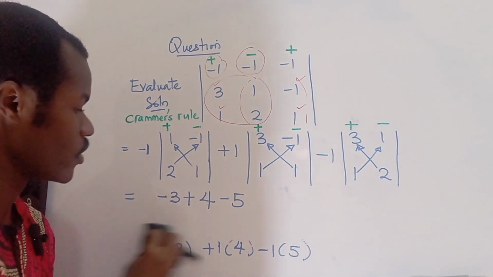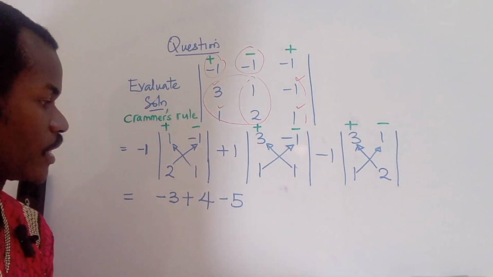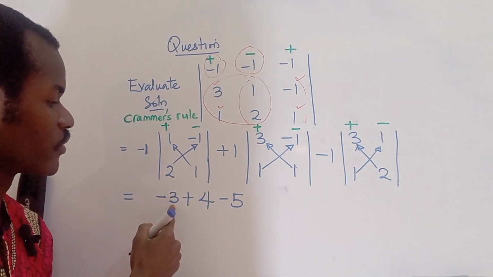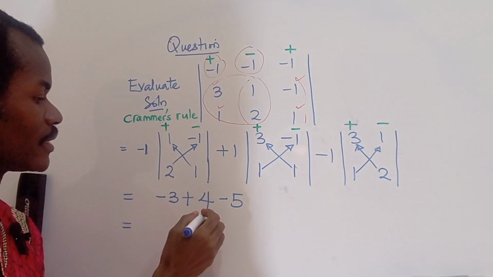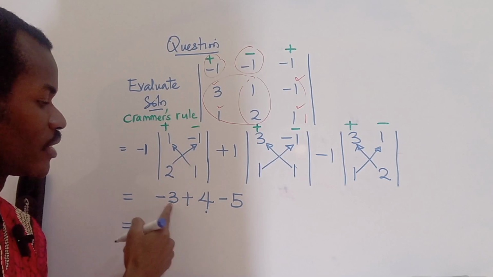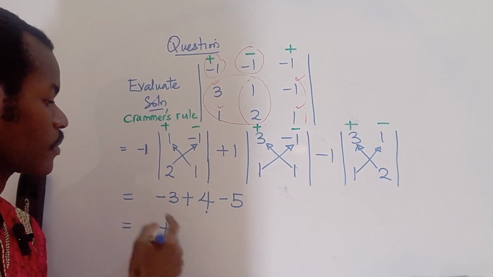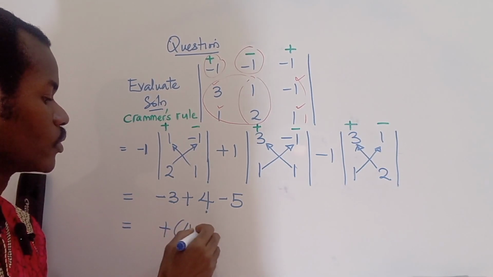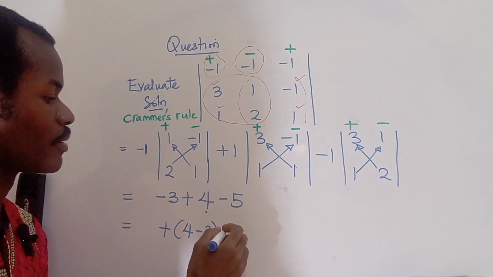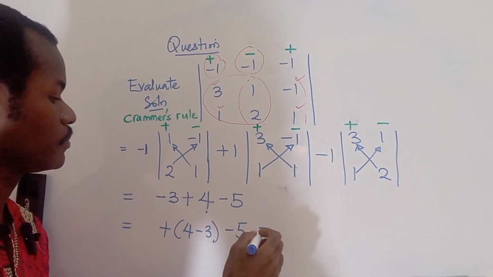Now we can solve this expression. So we have minus 3 plus 4. What would that give us? I want to pick the sign. Since 4 is greater than 3, we'll pick plus. Since these signs are not the same, we are going to subtract. That's the rule. So we have 4 minus 3, and we have our minus 5 here.